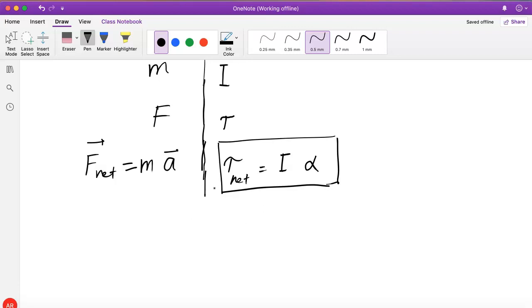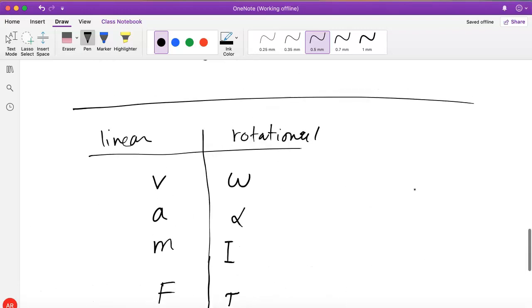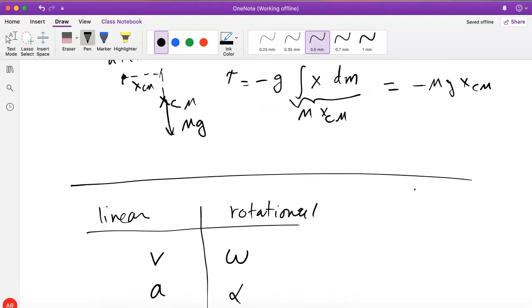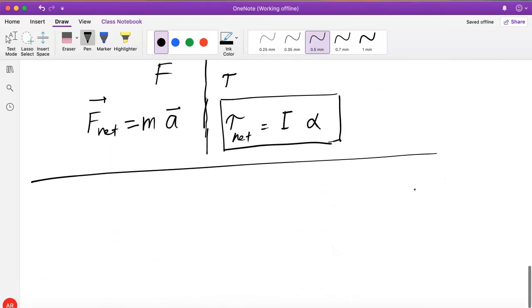But let's take this equation to be correct. Again, it can be proved with some work, but I don't think it's very illuminating at this level. So what we want to do is get more practice using these things, right?